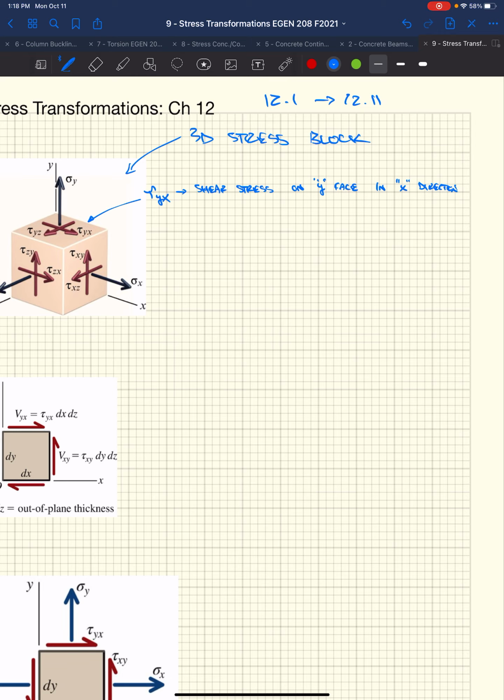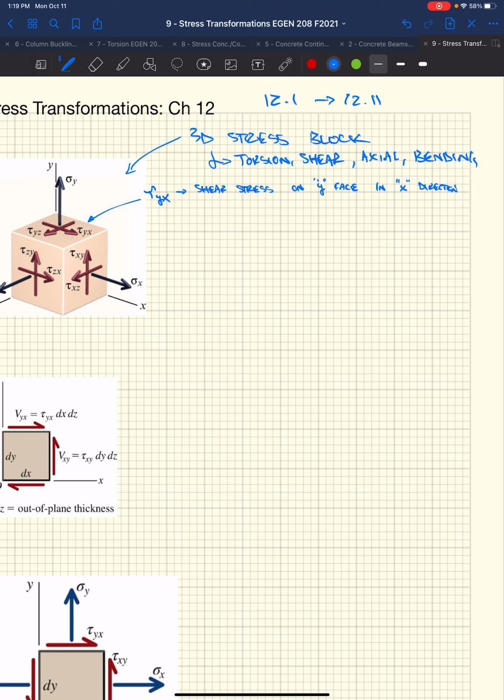We have this 3D stress block, and these stresses are coming from loads. They could be torsion, shear, axial, bending. We're going to get to bending later. So based on our known loads and the configuration of the element that we're analyzing, we could develop these stresses.